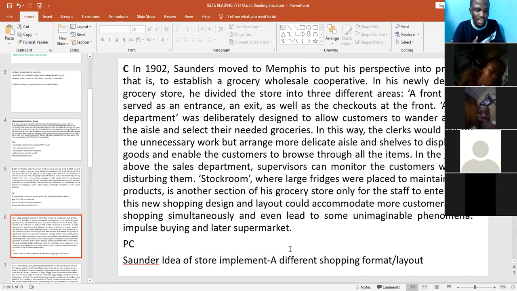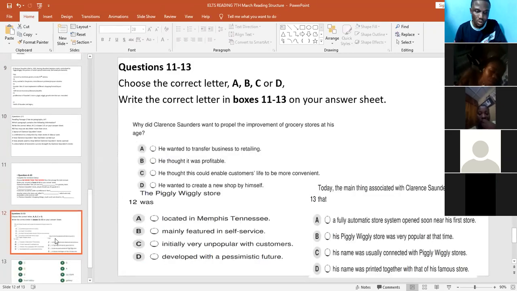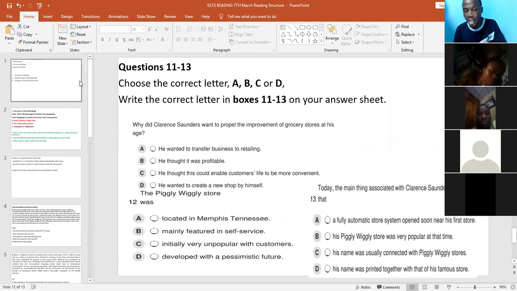At the end of the class, I will send you this slide, which contains all the questions in this segment, question 1 to 13, and the answers. You can answer the questions after the class, but next week I want you to be very good at using this concept.